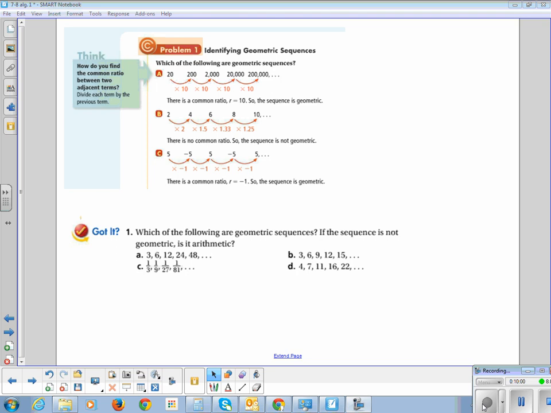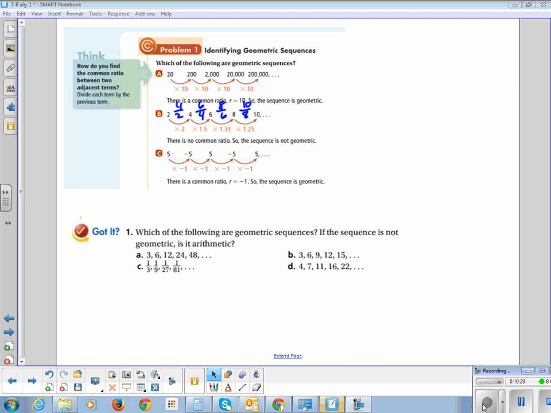And if you can't just look at it and see, like if it's some weird decimal or a crazy fraction, remember to find the multiplier, you just take the one next to it divided by the one before.